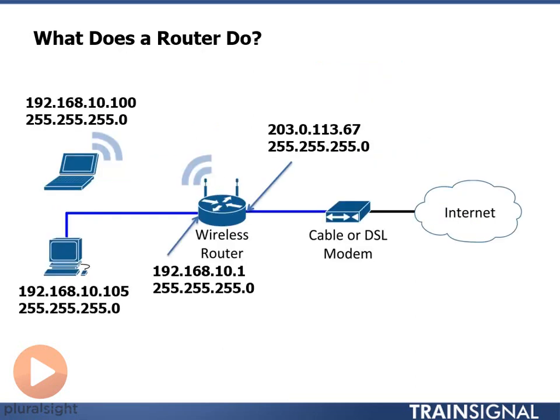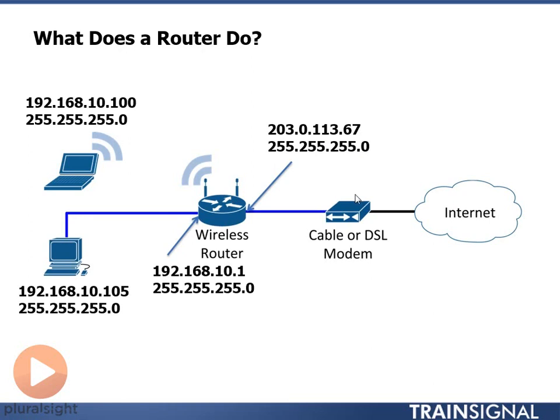If we take a look at our home network, and this is a drawing that I've shown you before in Introduction to Networking, a pretty simplistic drawing of your home network. I have a wireless computer here, a wired computer here, and then the wireless router, which connects to your cable modem or DSL modem.